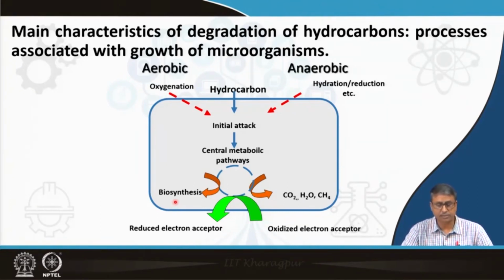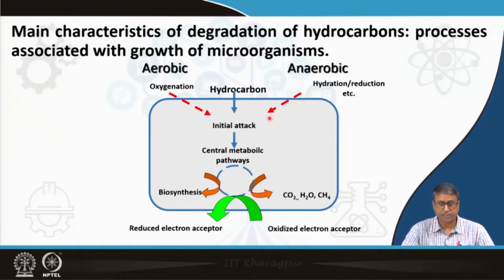As you can see, this is a bacterial cell, a simpler form of cell, presented here. Under both aerobic as well as anaerobic conditions, the hydrocarbon molecules are transported inside the cell, and a particular type of reaction happens, either oxygenation, hydration or reduction, based on the availability of oxygen in the system.